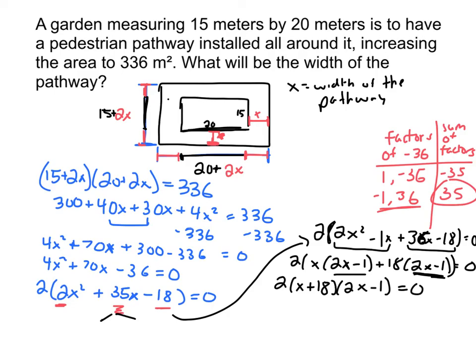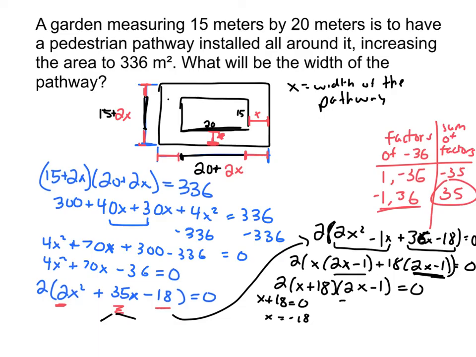Now if any of these terms are 0, if x plus 18 is 0, or 2x minus 1 is 0, the whole thing will go to 0. So let's solve both pieces. If x plus 18 equals 0, then x equals negative 18. The width of the pathway cannot be negative 18 meters, so that answer doesn't make any sense.